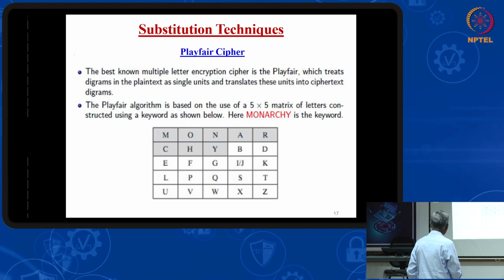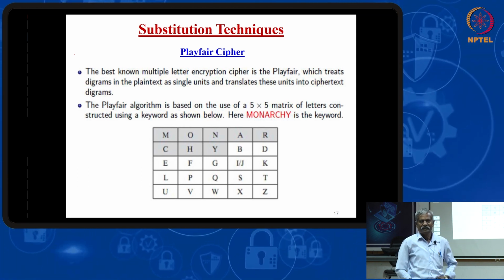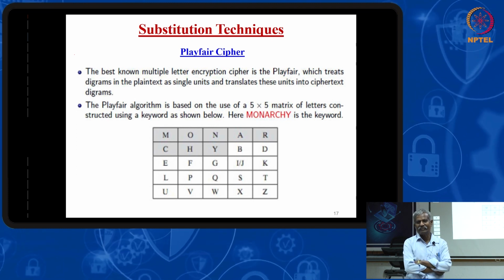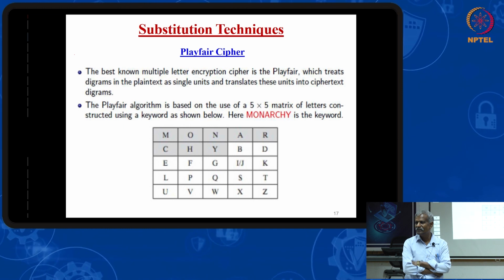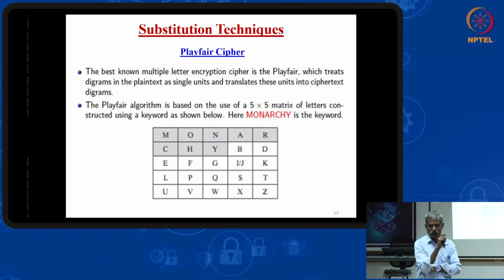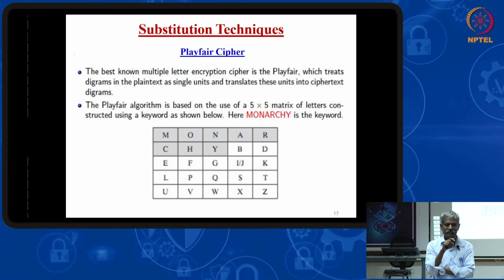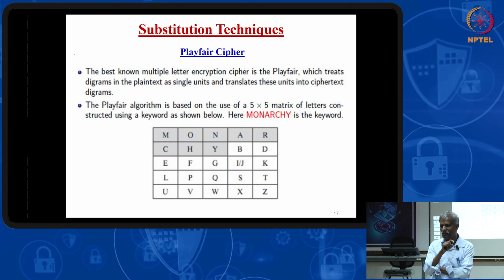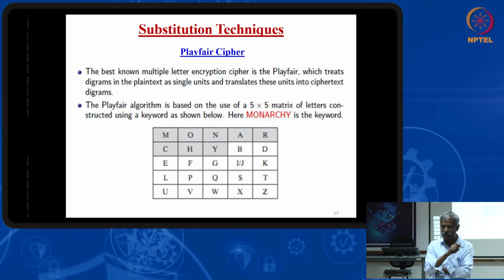I am writing monarchy. How many letters are there in monarchy? 8 letters are there. So 25 squares are there, that is the 5 by 5 square we have taken. In that, 8 are already occupied by monarchy. Remaining we are going to fill with the remaining letters of the alphabet.